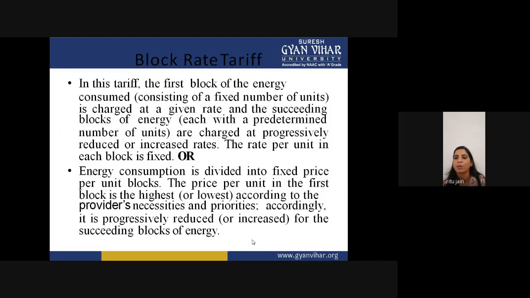The rate per unit in each block is fixed, and energy consumption is divided into fixed blocks. The price per unit in the first block is the highest. According to the provider's necessities and priorities, it is progressively reduced for the succeeding blocks of energy.